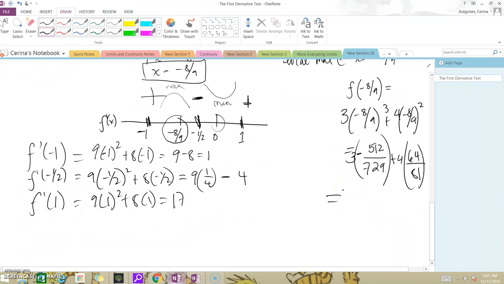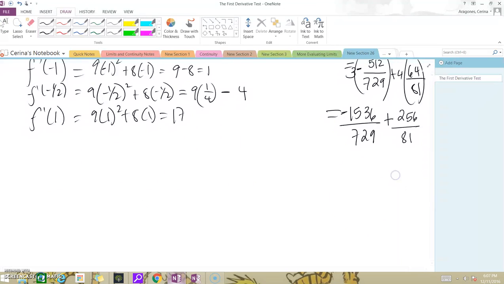It becomes negative 512 times 3 divided by 729, so negative 1536 over 729 plus 4 times 64 over 81.